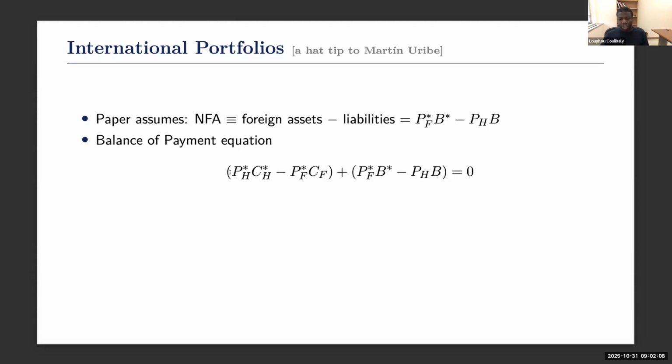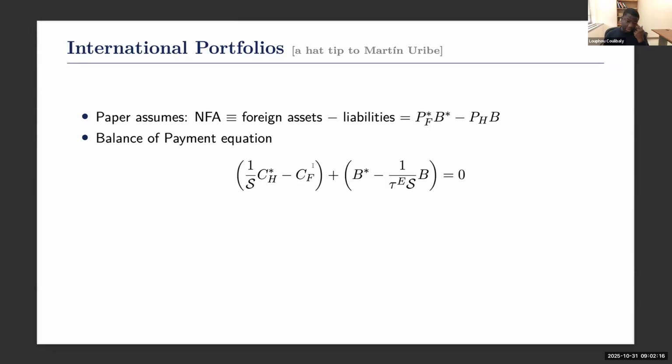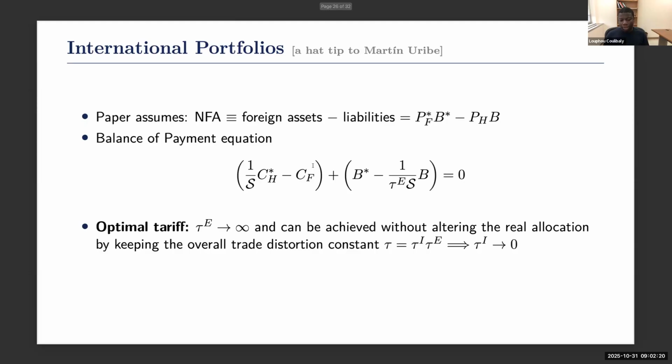So the balance of payments equation basically looks like this, and what happens is that if you divide everything by PF star, this is the formula that you have. And from this formula, you can clearly see that the optimal thing to do, if you want to think about how to maximize welfare here, is that you can have an export tariff that goes to infinity, and you can still keep the trade distortion the same by having tau I going to zero.